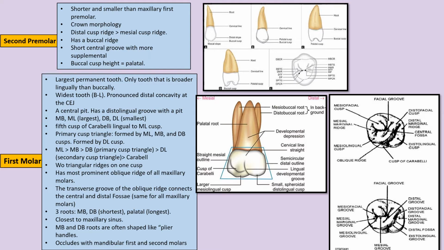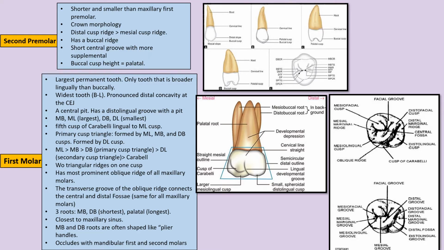Now for all the teeth, we should also know the occlusal principles they are following, right? Every tooth occludes with 2 other teeth in the opposing arch. Every maxillary tooth contacts 2 mandibular teeth, the one tooth that is antagonist to it of the same name, and the other tooth that is distal to it.